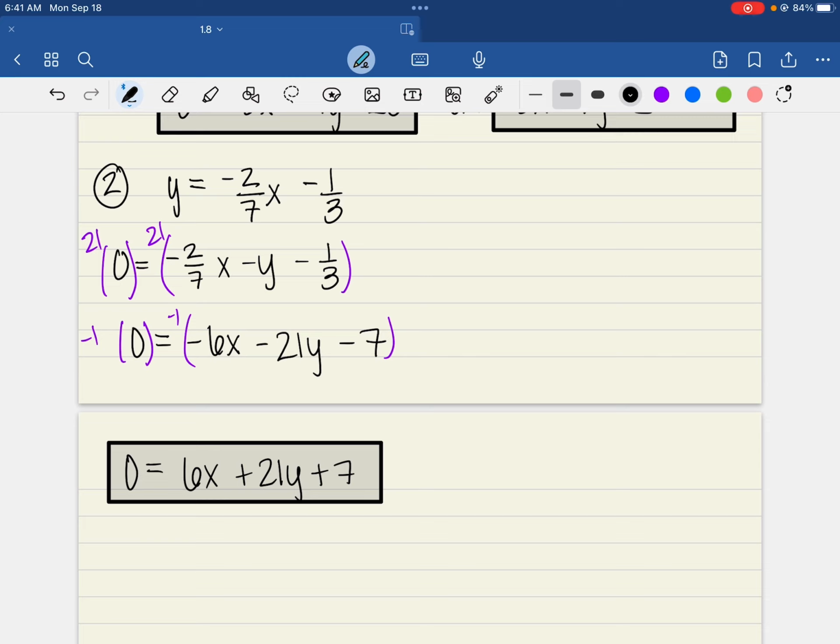Okay. Again, another option you could have done was, instead of moving y to the right, moving everything on the right to the left, which would have essentially done the same thing, and you would have still had to multiply by 21 on both sides regardless. The only difference here is that we would not have to worry about the negatives.